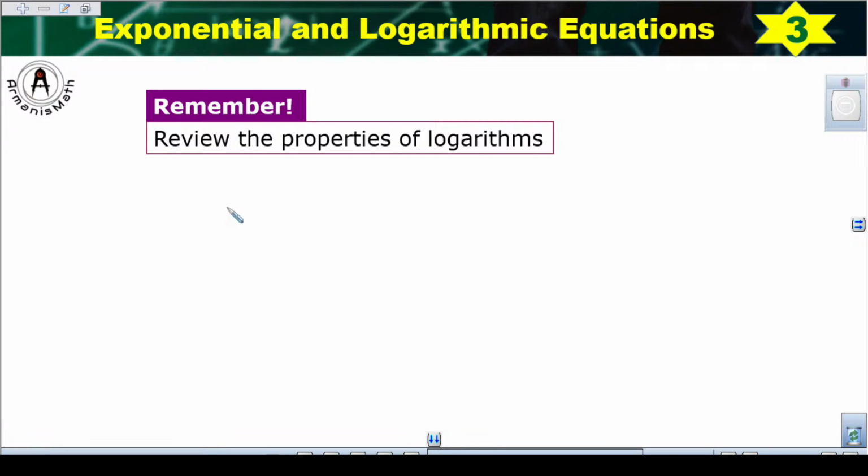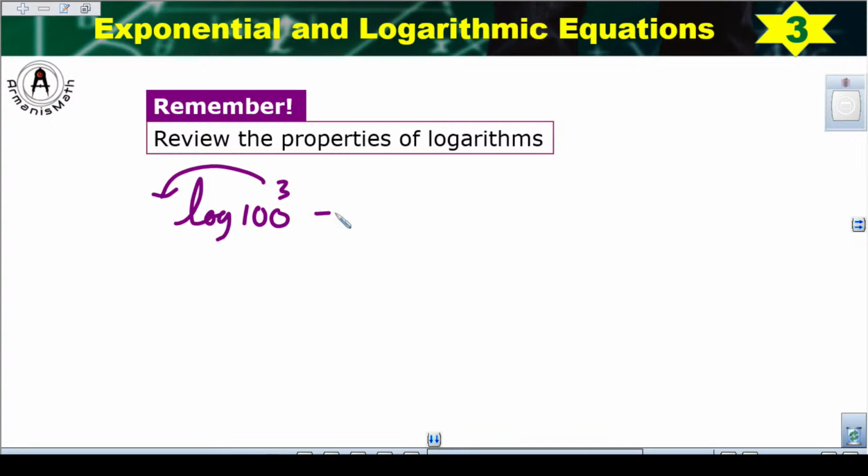Let's review some properties of logarithm. First of all, if you remember, we had the property that we talked about earlier today, which was the power property. You guys remember that? Log base, let's say 100 of 3. What's the base here if there's no base? 10. So basically I have a 10 hidden here, and then I have 3.